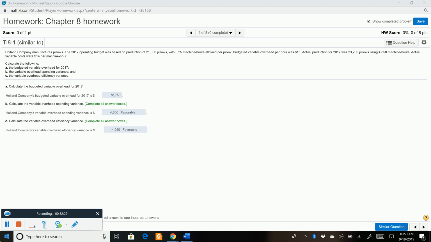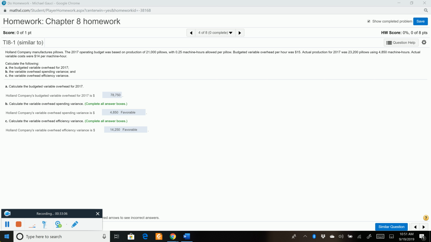And then last but not least, the efficiency variance. The efficiency variance is the difference between that 72,750 that we calculated, which was the actual hours times the standard rate, compared to the flex budget, which is the amount of hours that are allowable for this level of activity. So how many pillows do we make? 23,200 pillows, right?